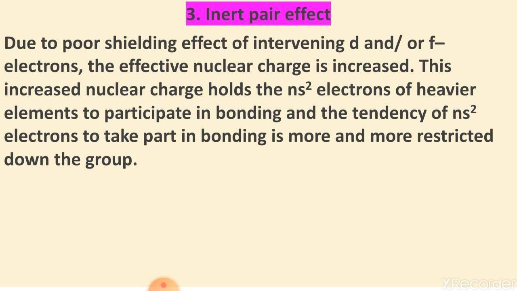That means down the group, that is nitrogen, phosphorus, arsenic, antimony, bismuth, the stability of the +3 oxidation state increases, but the +5 oxidation state stability decreases down the group.